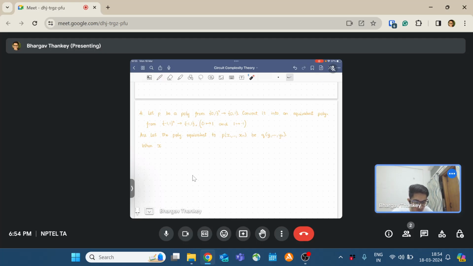So when the input x_1 to P is 0, the input y_1 to Q must be 1, and when the input x_1 to P is 1, y_1 must be minus 1, right?